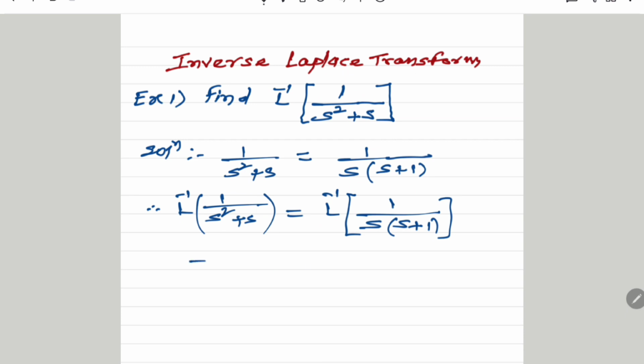and therefore applying the property of inverse Laplace transform, whenever any f bar of s is multiplied by 1 by s, it is integration from 0 to t of the inverse Laplace of the remaining term, here 1 upon s plus 1, and then its integration with respect to t.